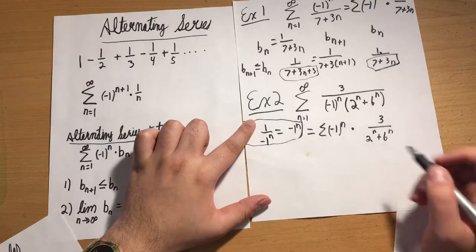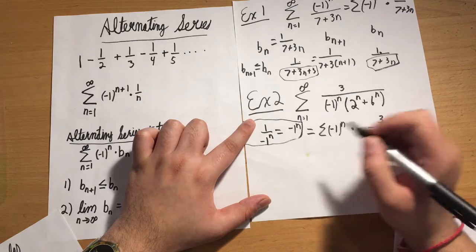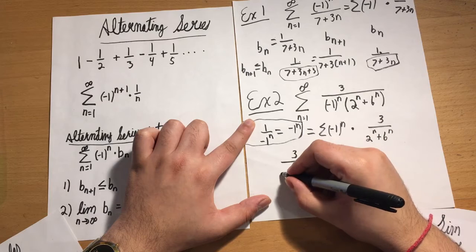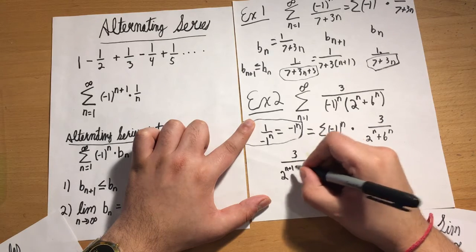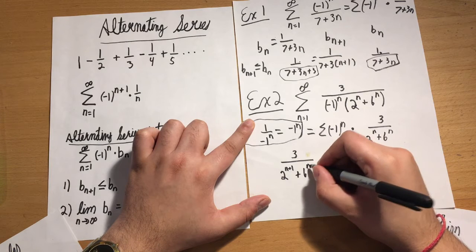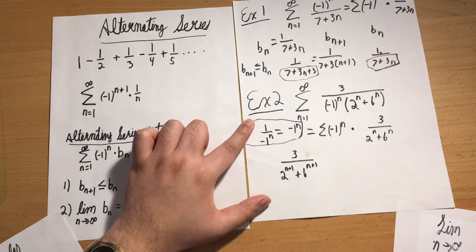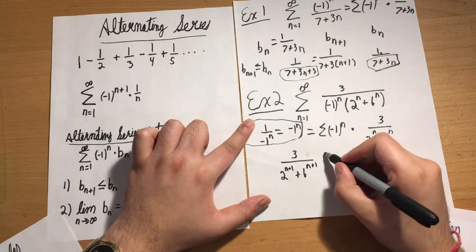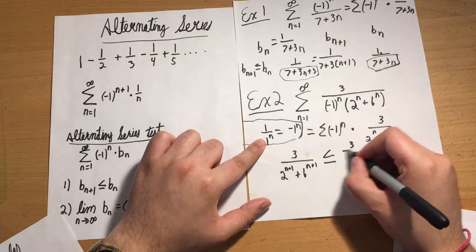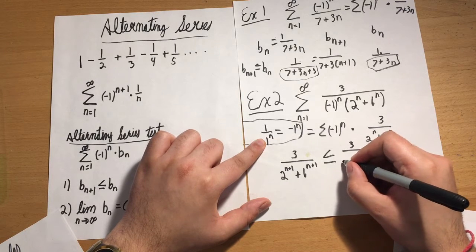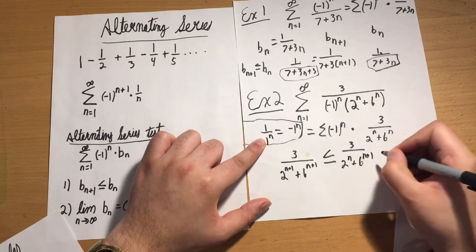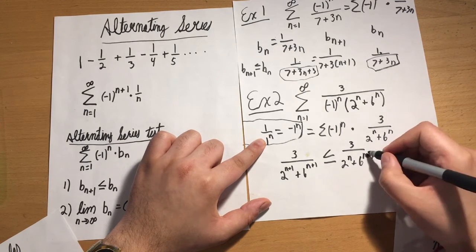You can clearly see that if I just replace n with n plus 1, 3 over 2 to the n plus 1 plus 6 to the n plus 1 should be less than or equal to your original, 3 over 2 to the n plus 6 to the n.